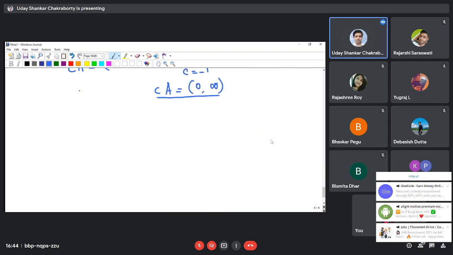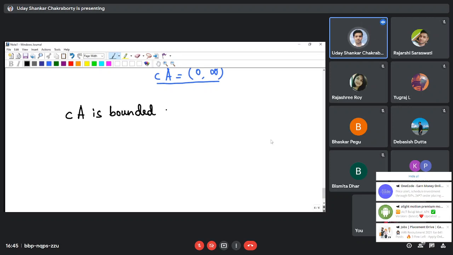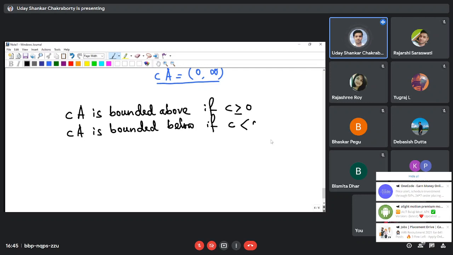Yes, according to Bhaskar, whatever he said is correct if C is positive. So our conclusion is: CA is bounded above if C is greater than or equal to 0, and it is bounded below if C is strictly less than 0.